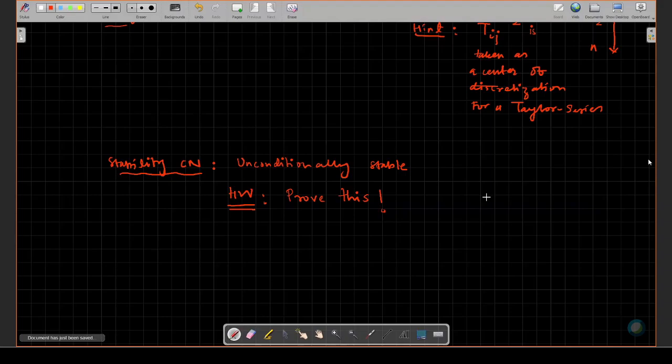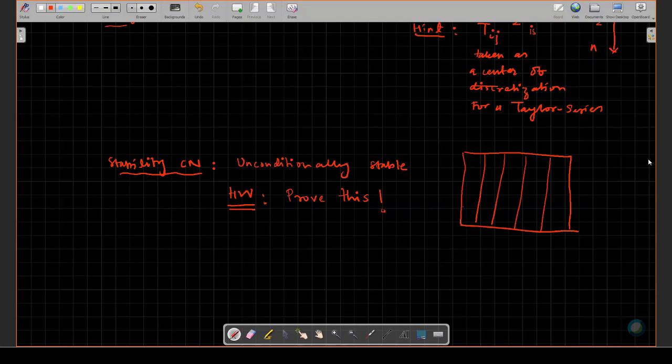Now in this Crank-Nicolson, what do you do? In an implicit method like BTCS, what do you do? We have this grid, we have these grid points, right?